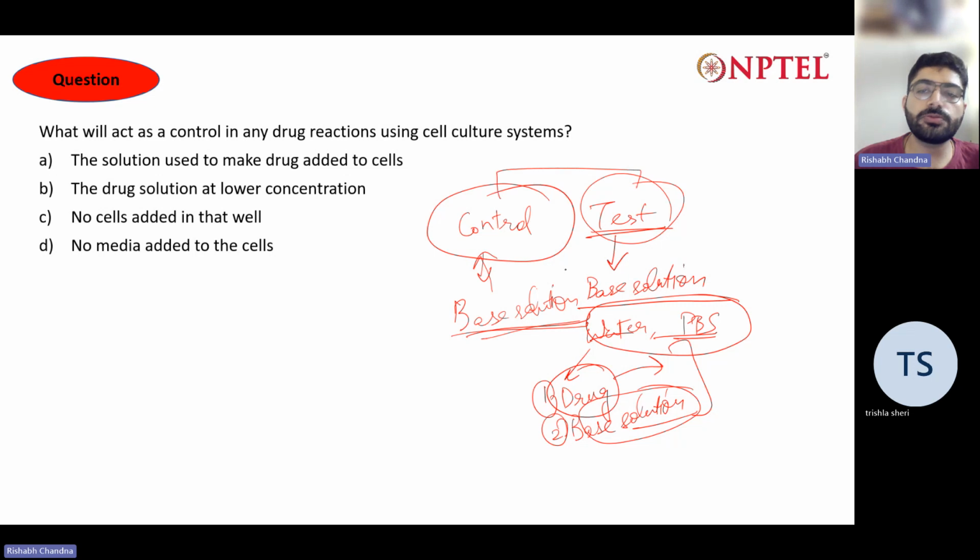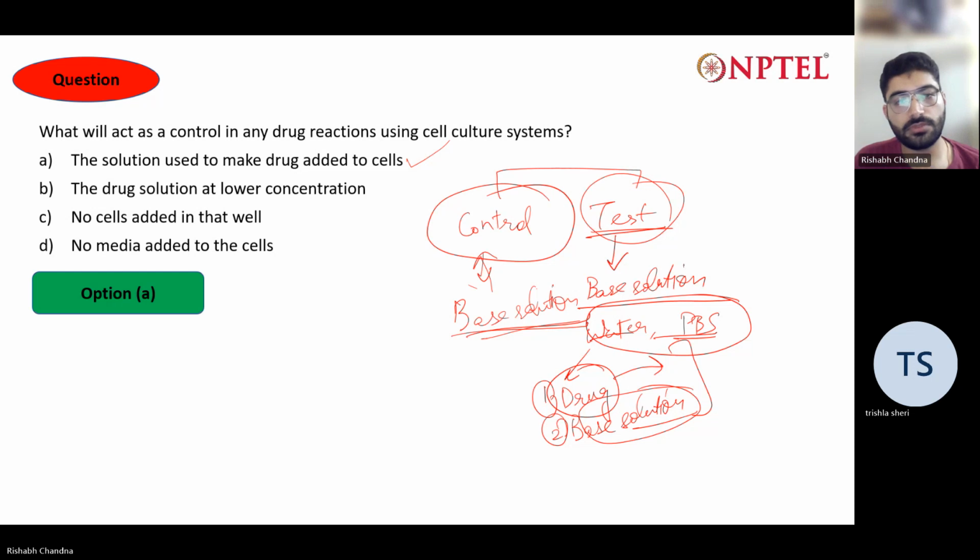So the control group is compared with the test group, and significance is found in that scenario itself. So the control that we use in any drug reaction using cell culture system is the solution used to make drugs added to the cells. Okay, so this is the correct answer, option A.